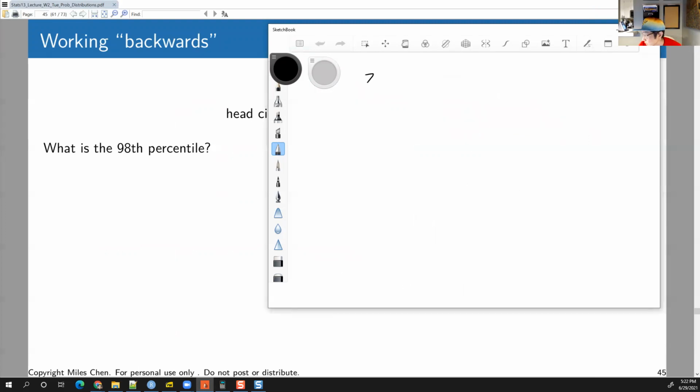We have z equal to 2.05, and we have the formula: z is equal to x minus the mean, our value minus the mean, divided by our standard deviation. I'm going to plug in the values I have, 2.05. I don't know my x; that's what I'm looking for. My mean is 23, and my standard deviation is 0.8.